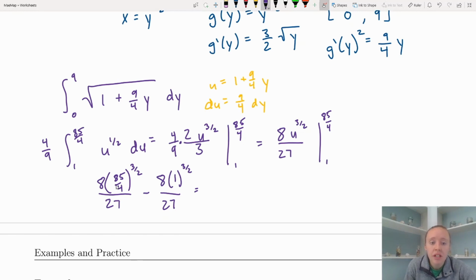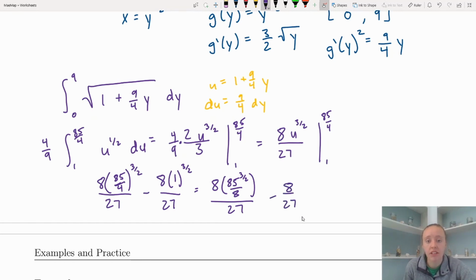What I'm going to do is I'm going to split this fraction up because I know that the square root of 4 is 2 and 2 cubed is 8. So what I'll get is 8 times 85 to the 3/2 all over 8, and that is all over 27, minus 1 to the 3/2 is 1, so this is just going to be minus 8/27.